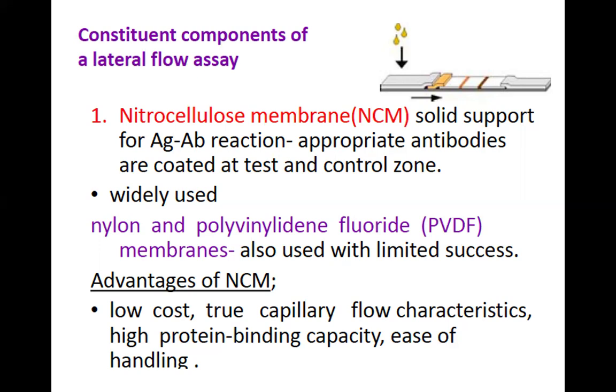For example, if you are working with whole blood, the red blood cell will definitely interfere with the color in the test line as well as in the control line. So you need some additional features, which is the filtration of the red blood cell. If you're not working with something colored, then it will not interfere. But if you have a colored compound, then you have to think about the filtration here, right?